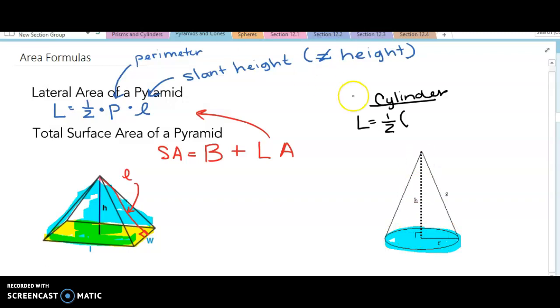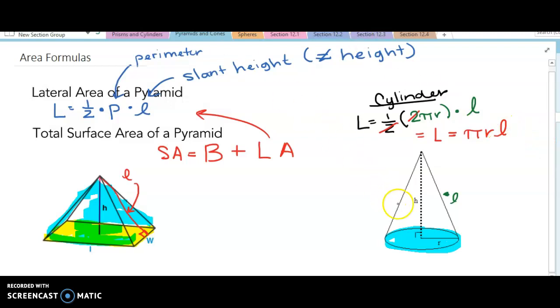So 1/2 times 2 pi r, that's my circumference, times my slant height. They have this as S. This is usually designated with a capital L or a lowercase l in cursive. Well, guys, that makes it easy because my 1/2 and my 2 cancel out. So my lateral area is just pi r l.